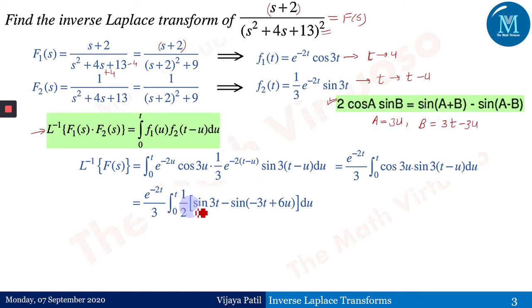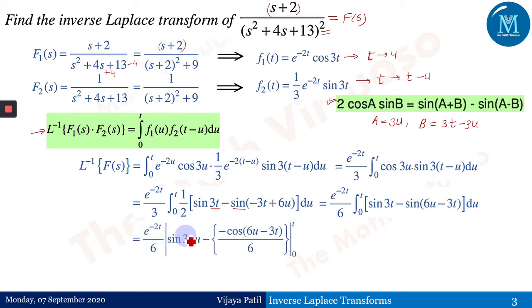So it's 1 by 2 sine of A plus B, which is 3u plus 3t minus 3u, so we remain with sine of 3t, minus sine of A minus B. A minus B is 3u minus 3t plus 3u, which gives us 6u minus 3t, du, which is again a sine. And therefore it is e to the power minus 2t by 6, the integral from 0 to t of sine of 3t minus sine of (6u minus 3t) du, taking the integration.